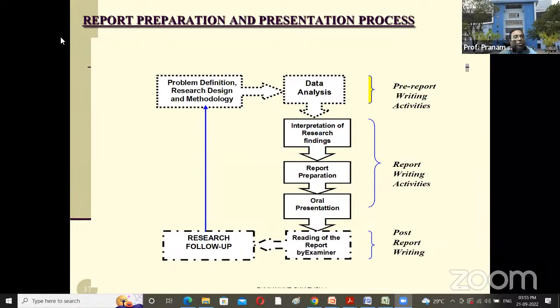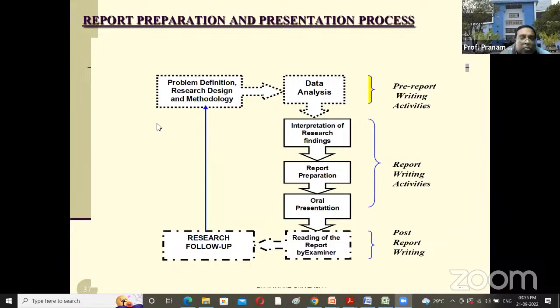So it should not be positive or negative. Actually I could not get your question, Sanjeevan sir. A research report cannot be negative. There is no negativity. A research report is a description of the research.